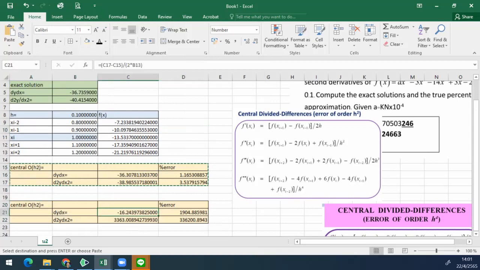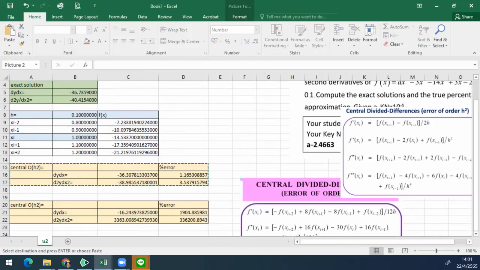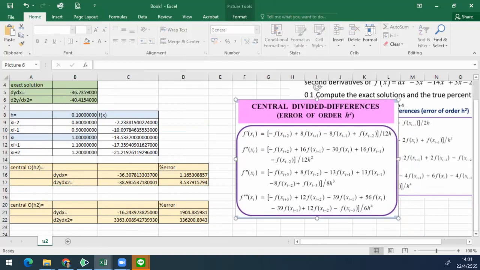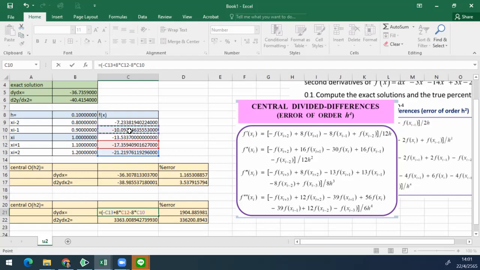And dy/dx becomes, for high accuracy, we have to use this. It is equal to minus f(x plus 2), plus 8 f(x plus 1), minus 8 f(x minus 1), plus f(x minus 2), and then divided by 12h.